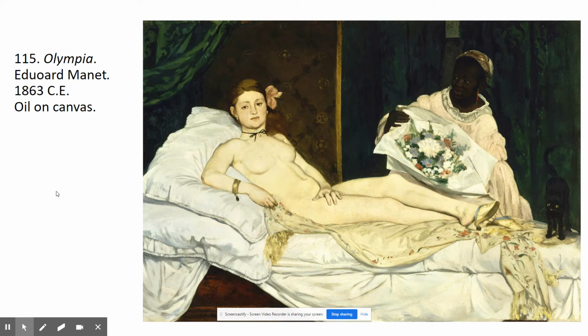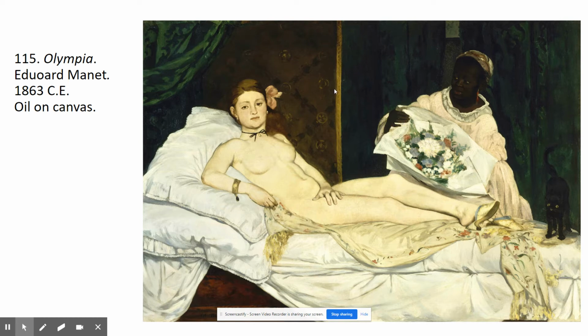We have a female nude here, and they're all in similar situations in that they're all lying in some fashion on a bed of some kind. So what we want to see is what is similar between this piece and Venus of Urbino, and this piece and Le Grand Odalisque?